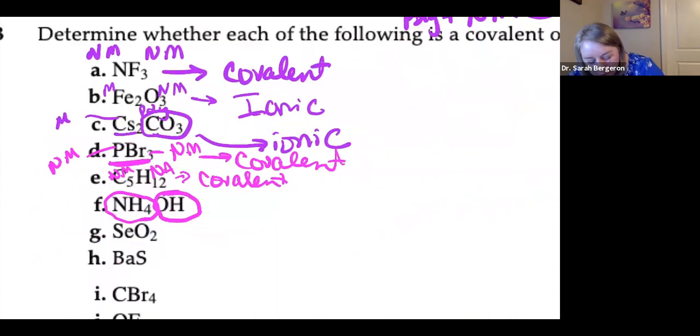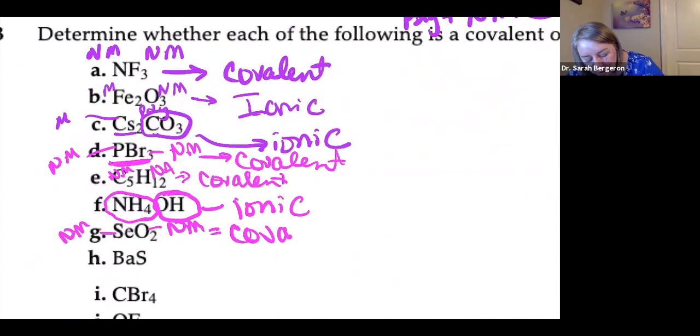So this one is also ionic. All right, SeO2. Se is a nonmetal, oxygen's a nonmetal. So a nonmetal and a nonmetal, covalent, right? BaS. Ba is a metal, barium's a metal, and sulfur is a nonmetal. So a metal and a nonmetal, ionic.